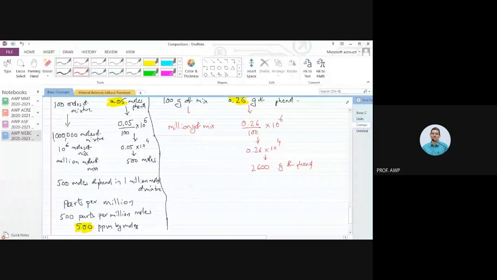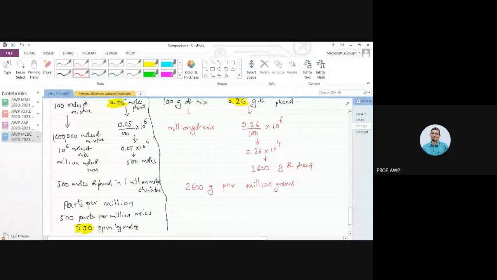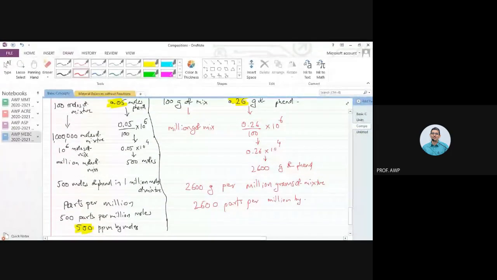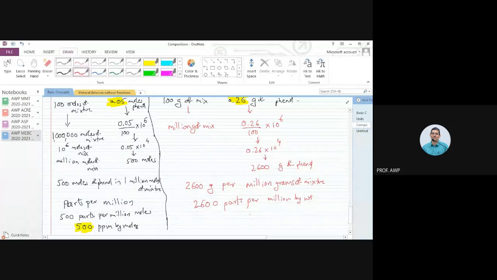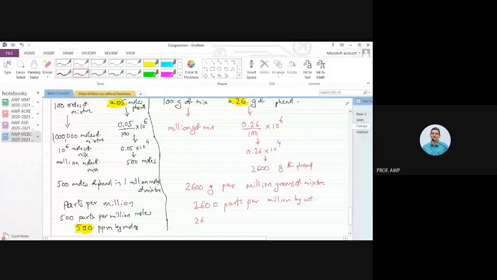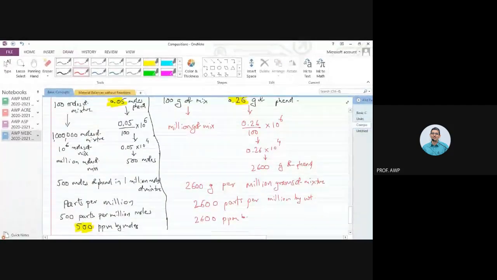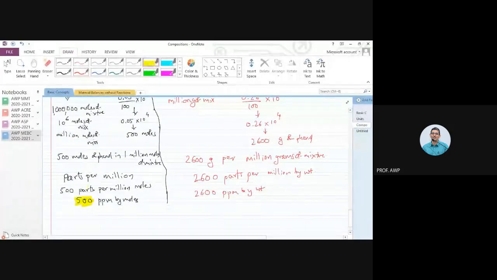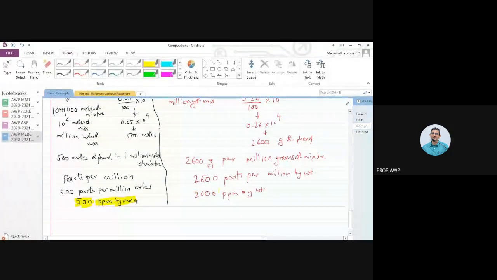So phenol is 2600 grams per million grams, or in the mixture, I have 2600 parts per million by weight, or 2600 ppm by weight. You see, the ppm by weight and ppm by moles are different.